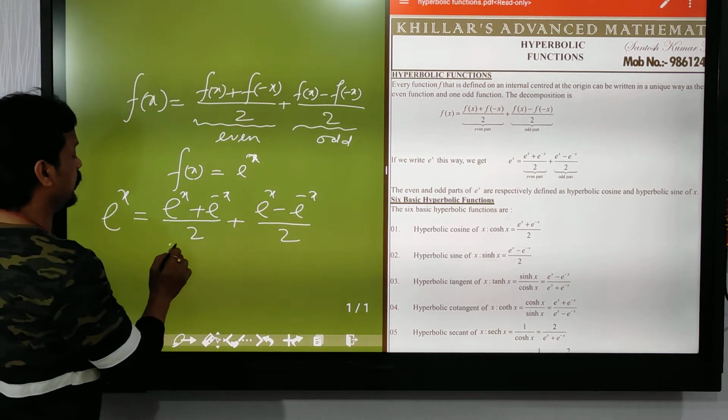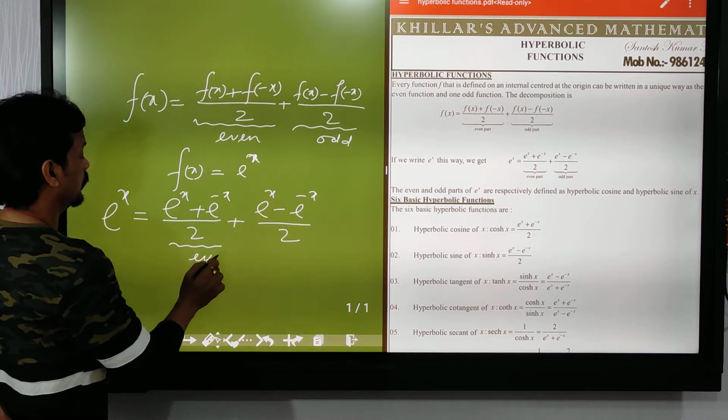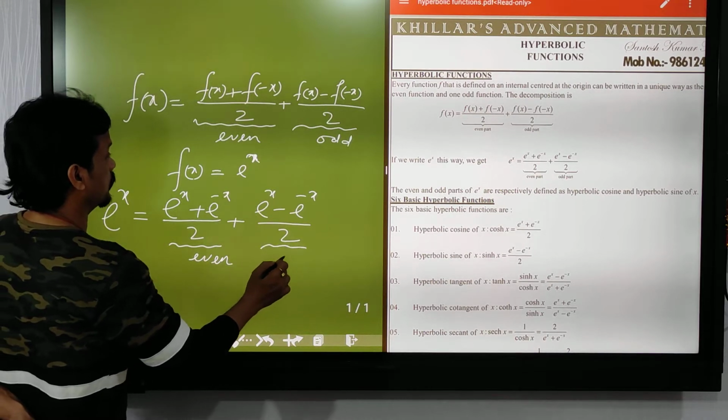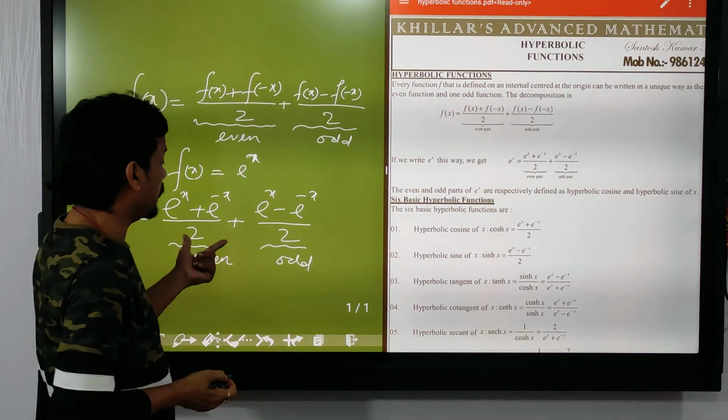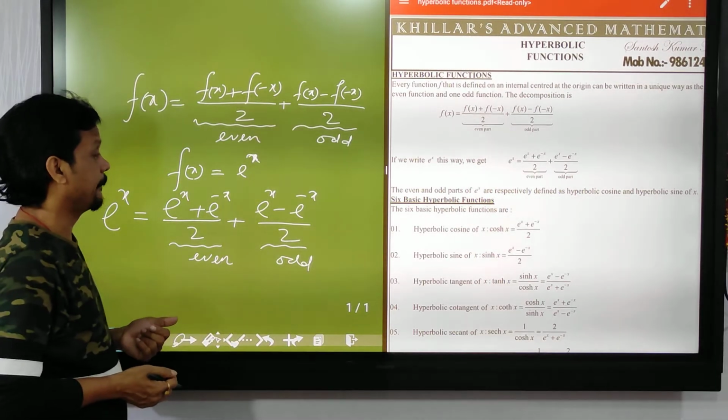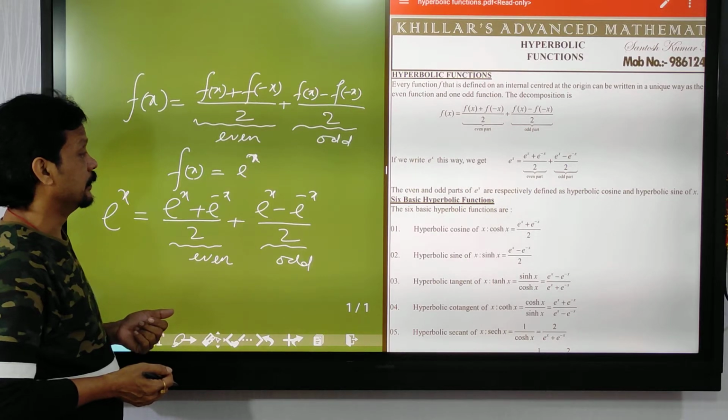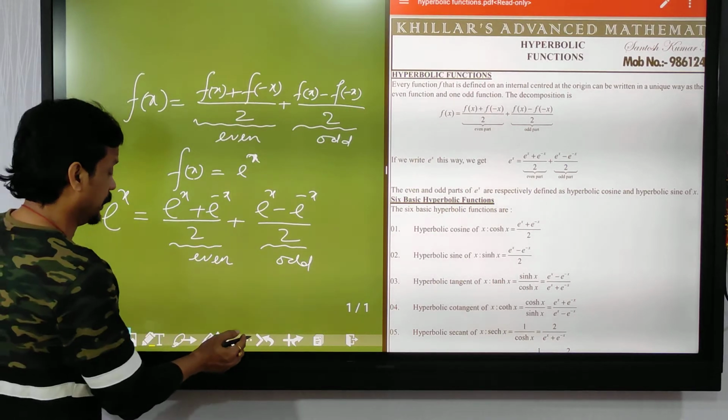This one is an even function and this one is an odd function. Clear? So this part is even, this part is odd. Is that clear? Now see here.